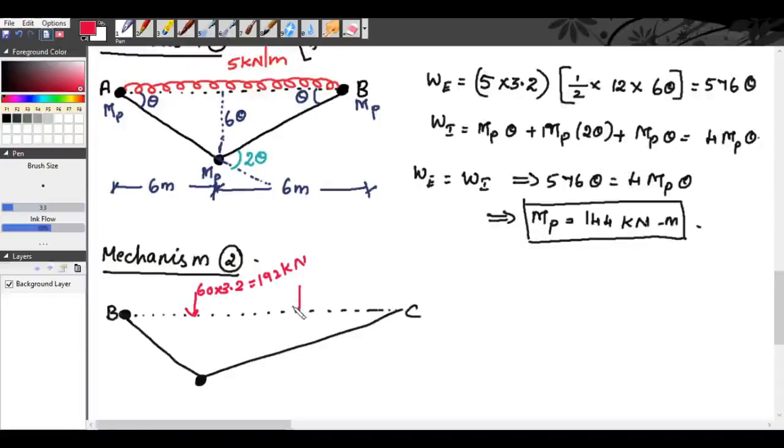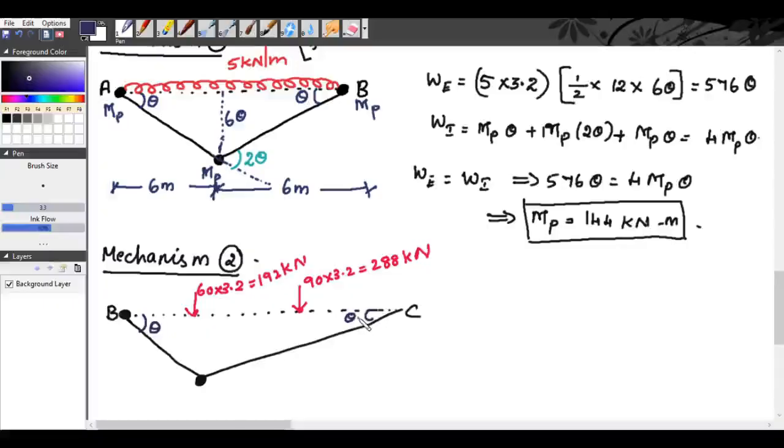Also at E we have a 90 kilonewton loading. So 90 into 3.2 is nothing but 288 kilonewton.